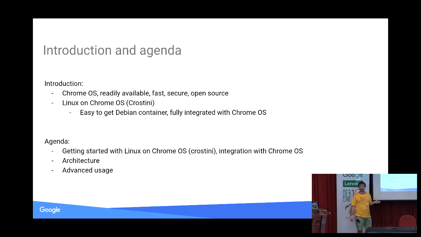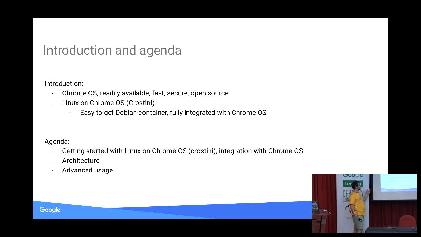Chrome OS is also a very readily available operating system, right? And it is a bit easier to get than Debian, like you can just go in a shop and buy it, which helps for some audiences. And the fact that now you can run a full Debian system on Chrome OS is, in my opinion, good news and another great way that more people can access Debian that couldn't before.